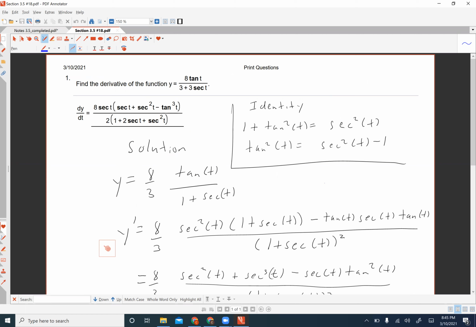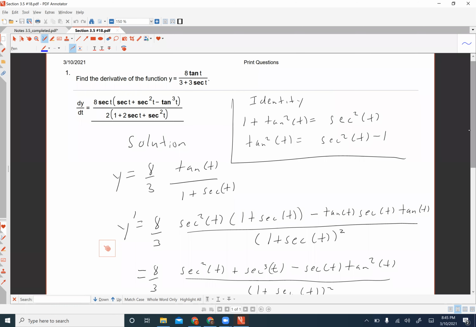Let's just find the derivative. This is actually problem number 18 from my lab. And I use an identity here, and you don't actually have to do that, but it just shows you how identities can make the solution look more elegant, if that's important to us.